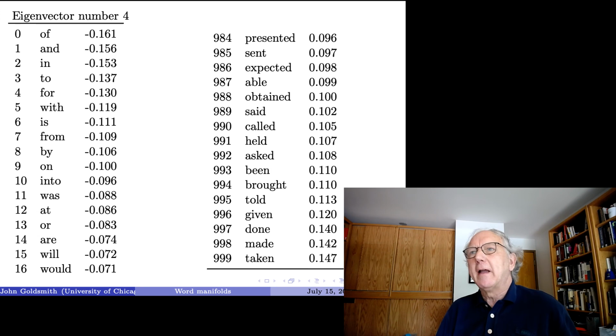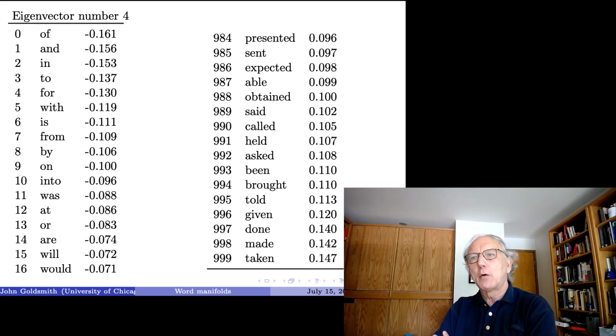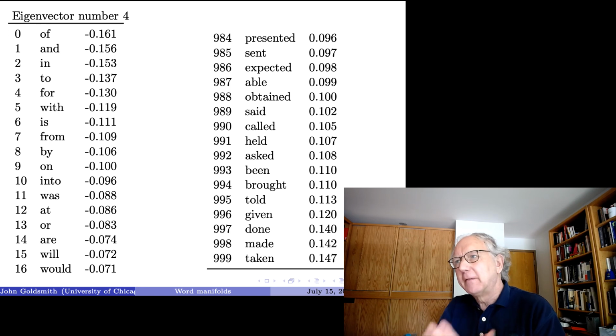Okay, I think that's the end. No, there's one more. The next eigenvector has of, and, into, for, with. So other than the and, these are prepositions. Number 6 is not, from, by, on, into, which are prepositions. Okay, so this is a kind of a mixed bag. At the other end, you have taken, made, done, given, told, brought, been, asked, held, called, said, obtained, and then some that don't fit very well: expected, sent, presented.